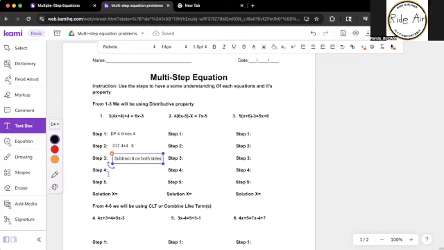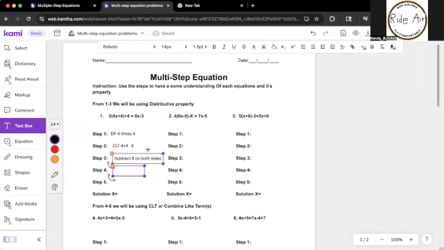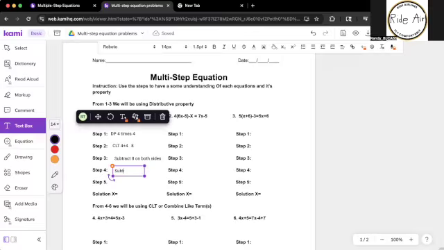Now next, you're going to subtract 6x on both sides.